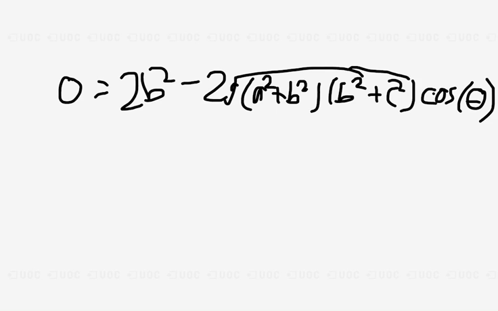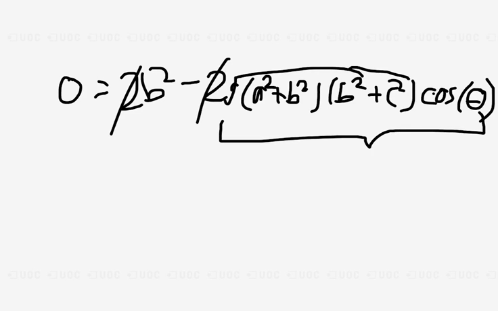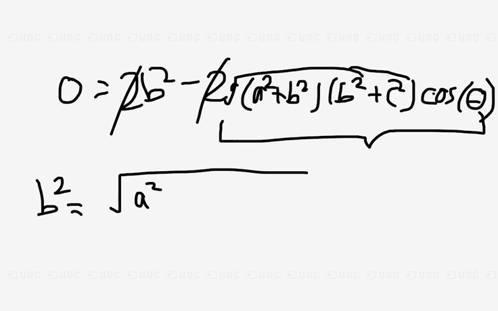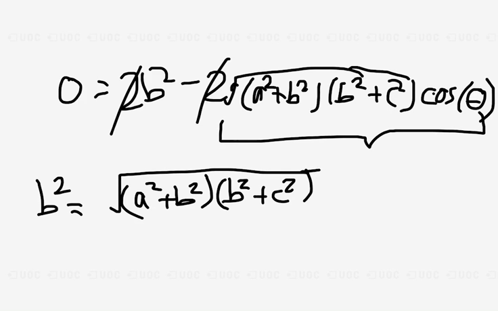We're going to divide by 2 on both sides, and add this on both sides, and we get B squared is equal to the square root of A squared plus B squared plus C squared cosine theta.